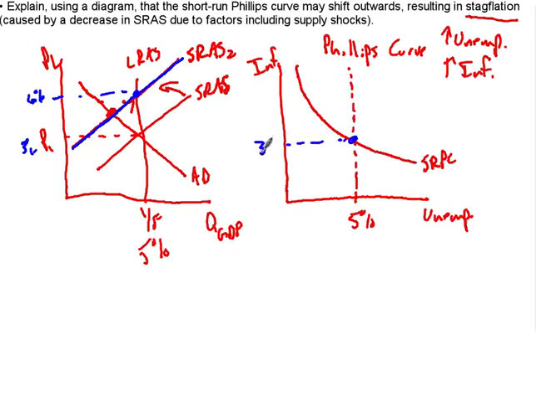So this point originally would be 3%, but now if we have an unemployment level of 5%, we're up to 6% inflation if we're here. All right, and so now here's our new short run aggregate supply curve, and let's say that this is a 5% inflation rate, and the unemployment rate went up to say 8%. All right, and so this was 6. So if we're at 5 here, and the unemployment rate's at 8%, let's put 8 over here.